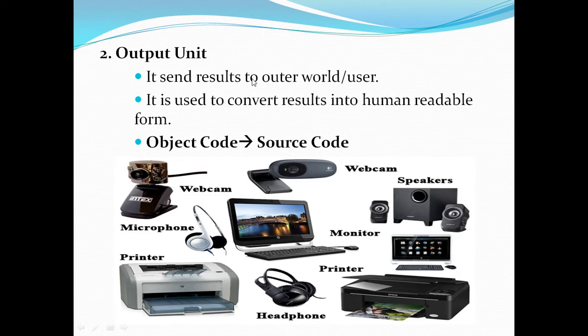Now it is returning the result to the user. But we users understand human readable code, so this machine code should be converted into human readable code so that we understand the result. So for that, the object code, that means the machine code, is converted into the source code in the output unit.